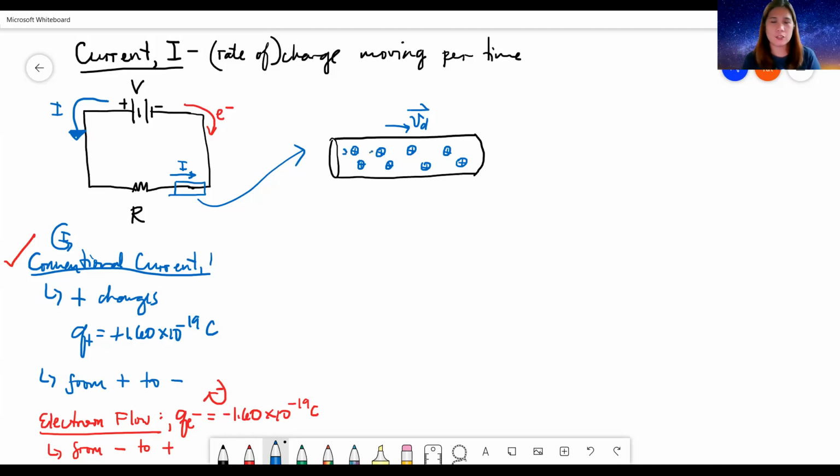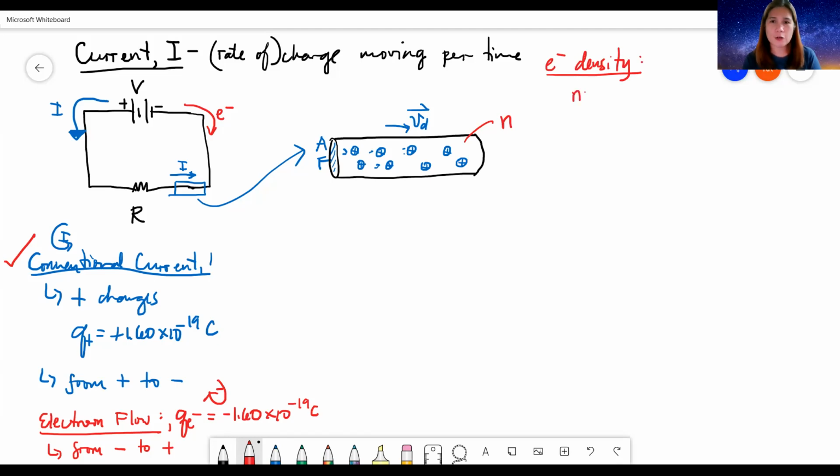Ayan. So if they go here, we identify the cross-section area as A, and then we have here electron density N. So, pag sinabi nating electron density, it's the amount of free electrons per cubic meter of volume of conductor.